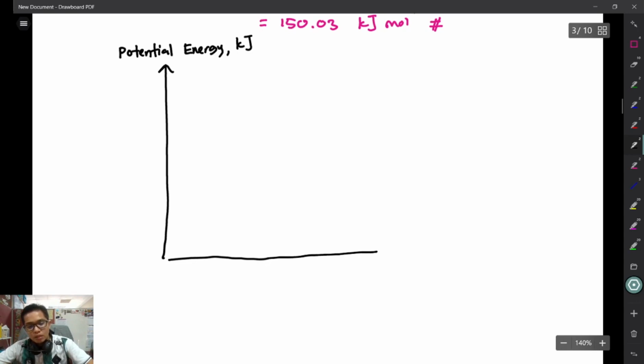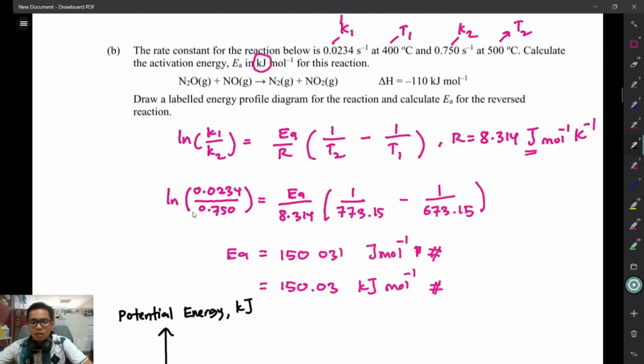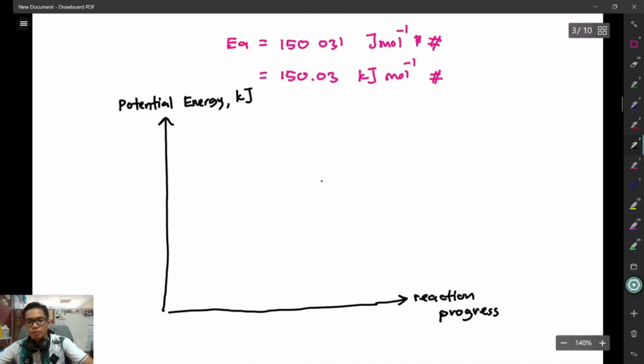The X axis is reaction progress. The delta H is negative, so exothermic.